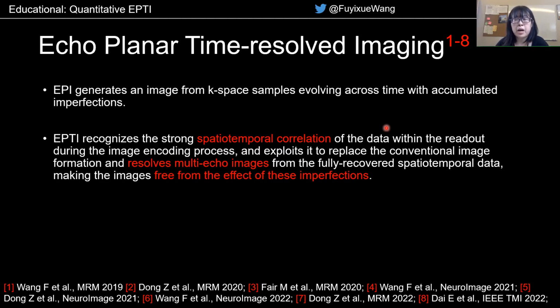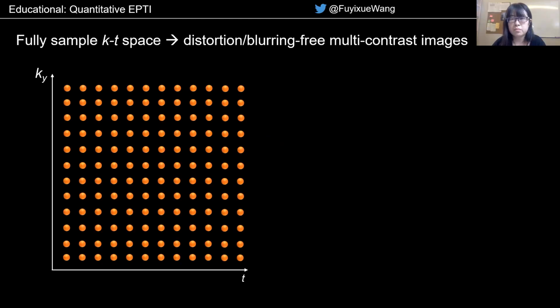Next, I will talk about how EPTI can fully address these problems by recognizing the strong spatiotemporal correlation of the data and replacing the conventional EPI image formation, and resolve multi-echo images without any distortion and blurring. Now let's take a look back at the KT space.